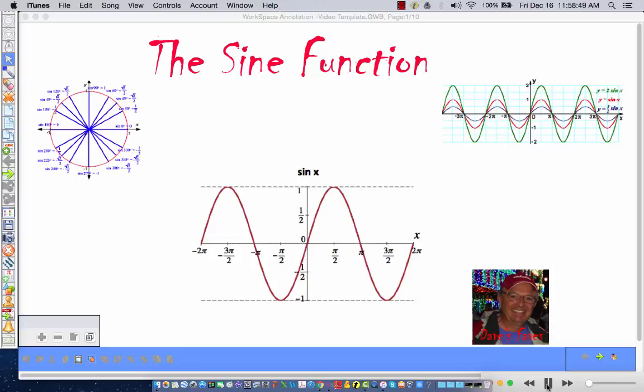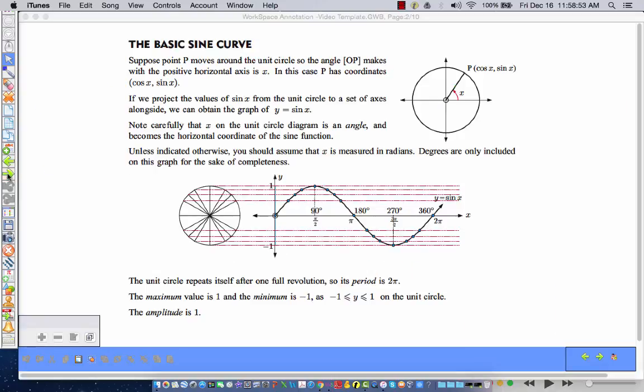We are talking about the great sine function. Here we go. The basic sine curve. If we had P moving around a unit circle, we would be getting different values as it rotates around.